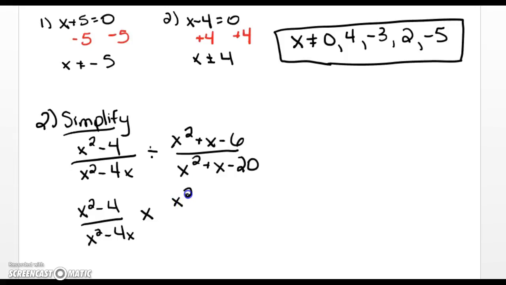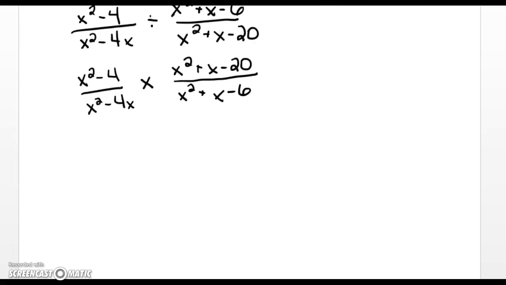So it becomes x squared plus x minus 20 on the top, and then x squared plus x minus 6 on the bottom. So then this just goes back to 6.2, that first video of the lesson that we did, where we're just going to be breaking them down to the factors and then canceling out any common factors.